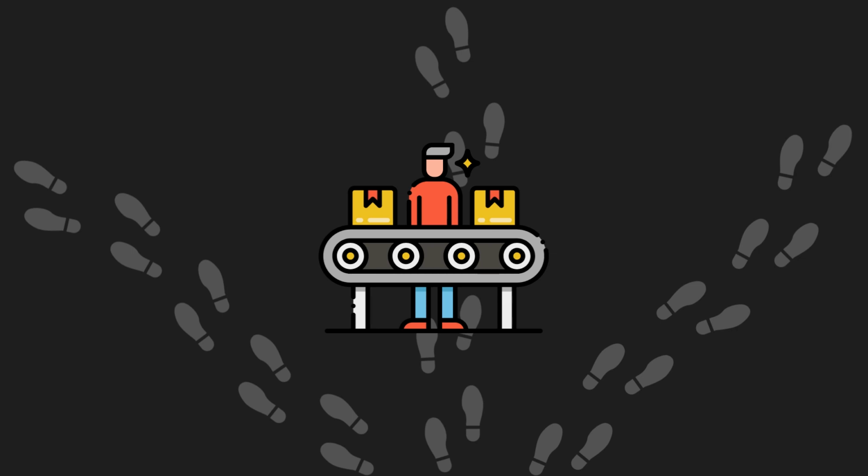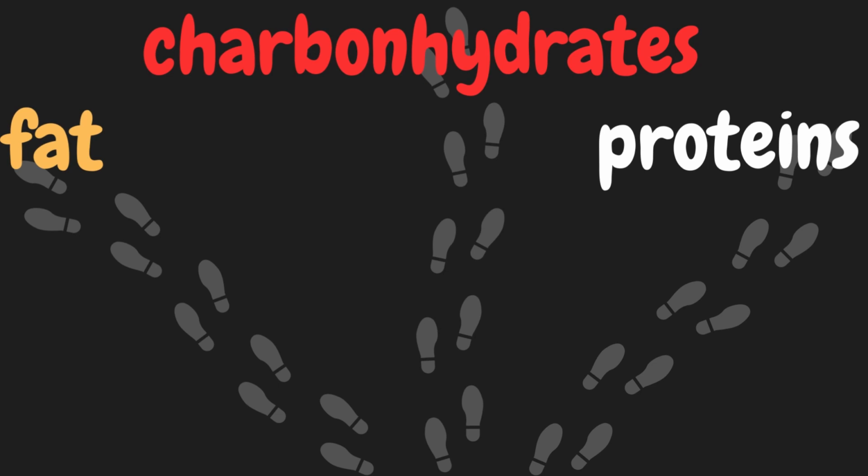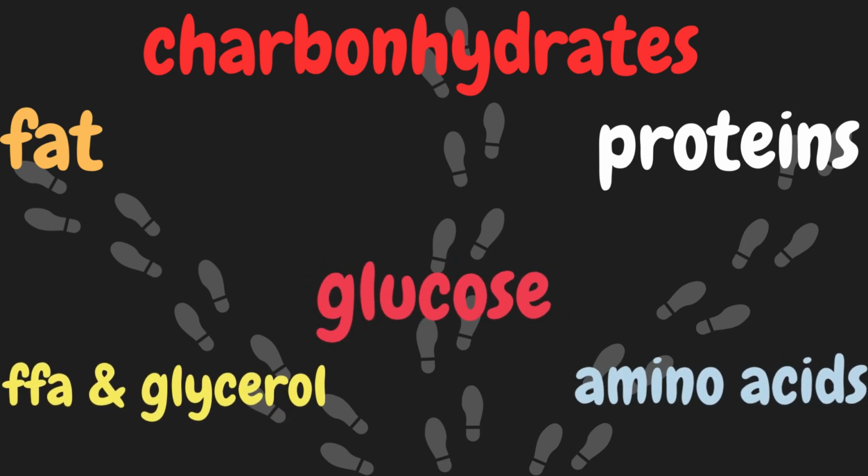In order to keep producing energy for our working muscles, our organism uses all 3 major food nutrients: fats, carbohydrates and proteins, utilized in free fatty acids and glycerol, amino acids and glucose respectively.